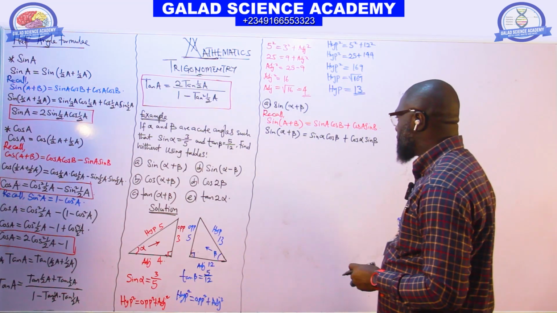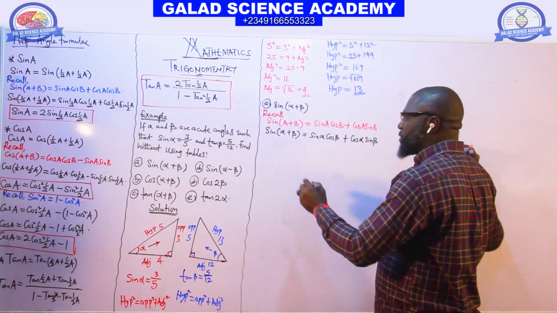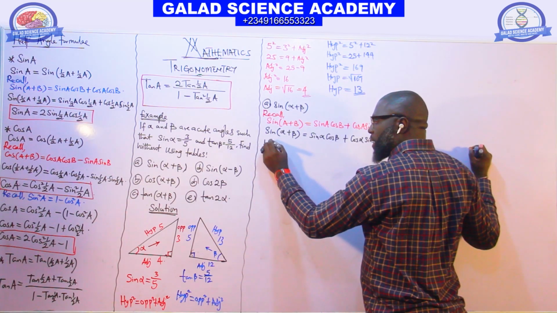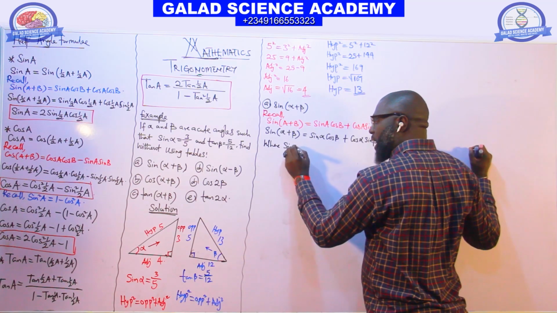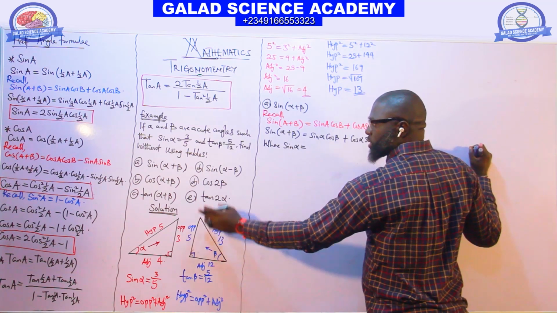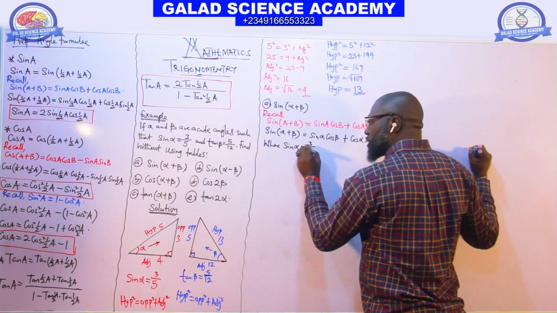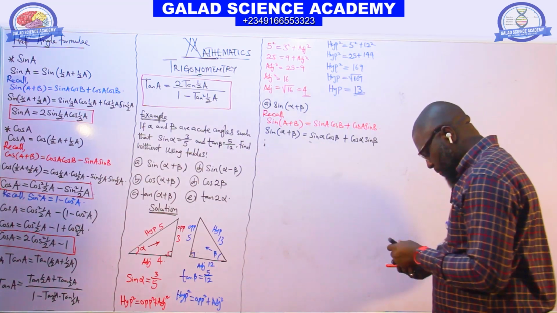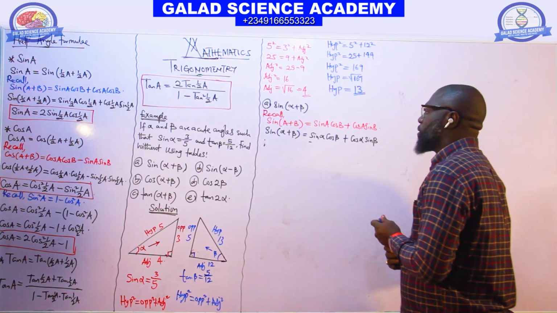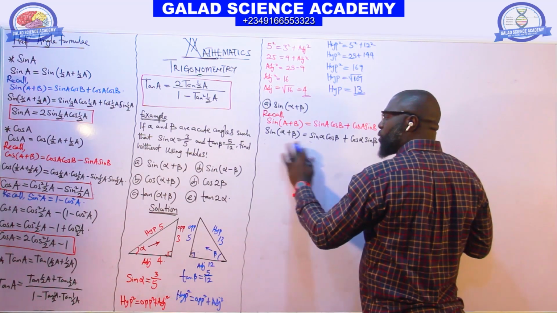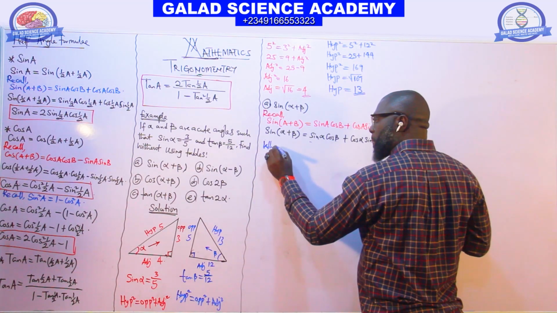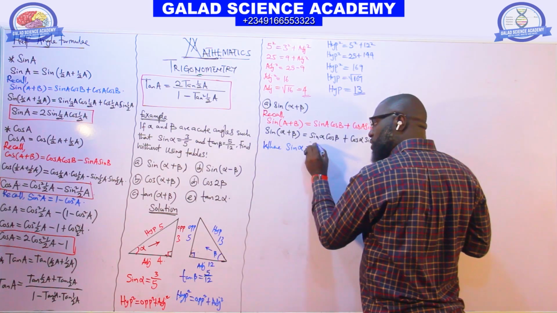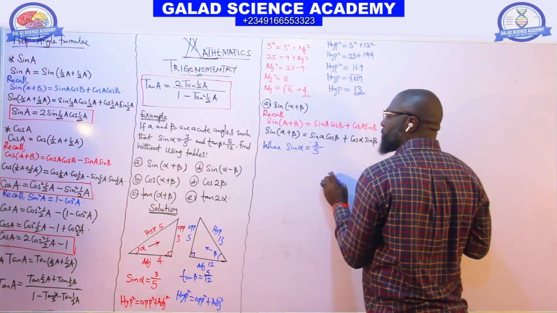So what is sine alpha? We are given from the question that sine alpha is 3 over 5.